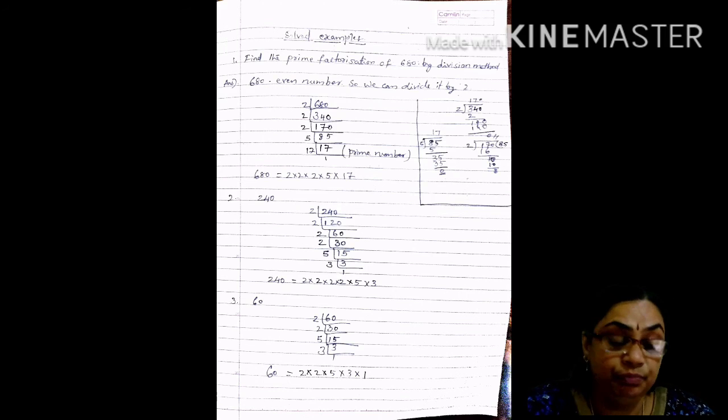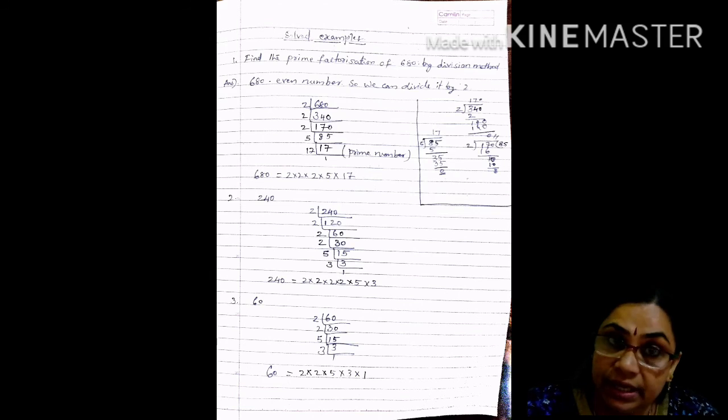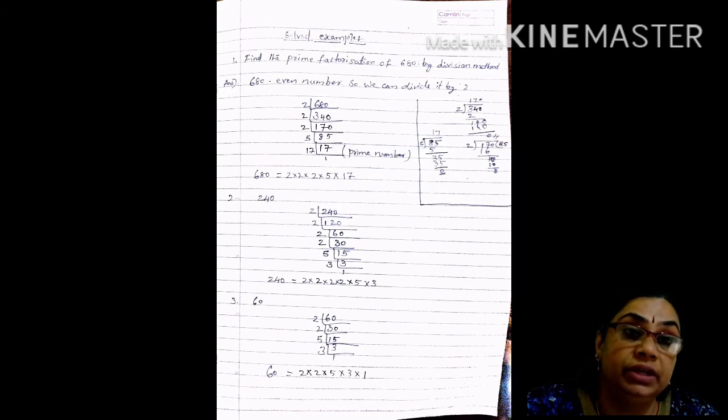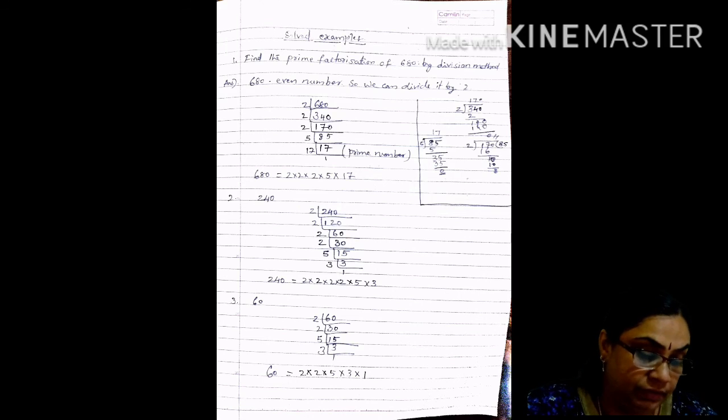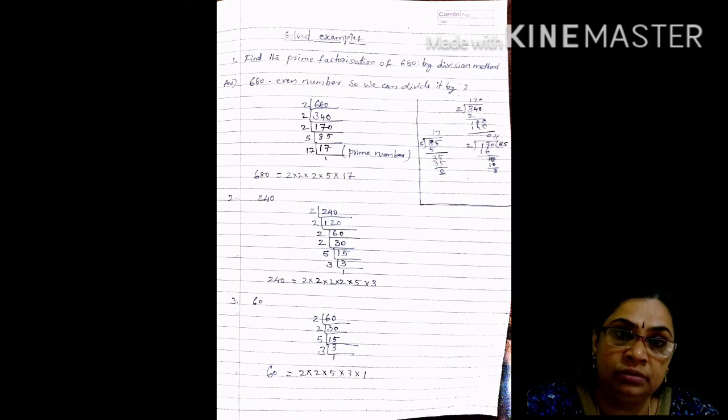Starting from 2, dividing 240 by 2, we will get 120. 120 is again an even number. We will try for 2. What we get is 60. 60 divided by 2, we will get 30. 30 is again an even number.